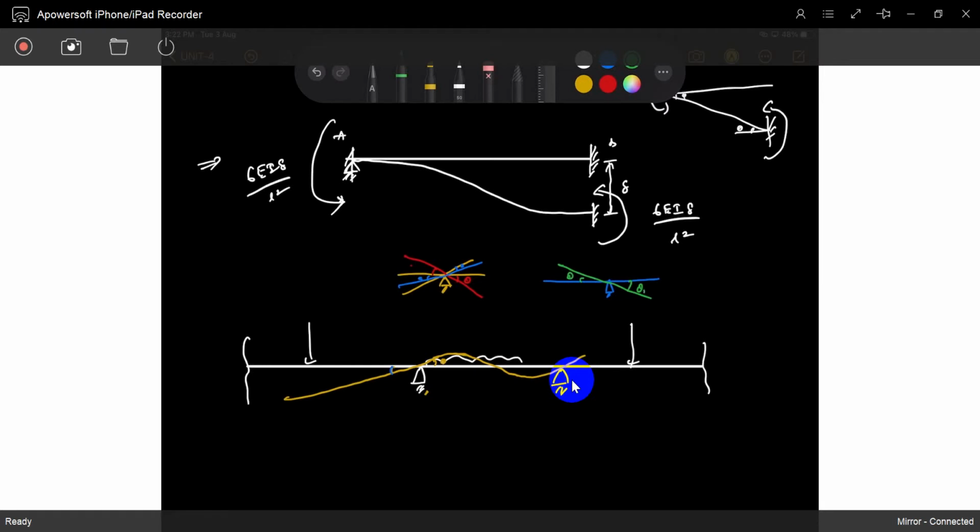Maybe it maintains clockwise theta B at joint B. Otherwise, based on the deflection and the load profile, it maybe anti-clockwise theta B. But the slope at the joint is constant, theta B. So it can't experience some other theta dash, because it is a rigid joint.